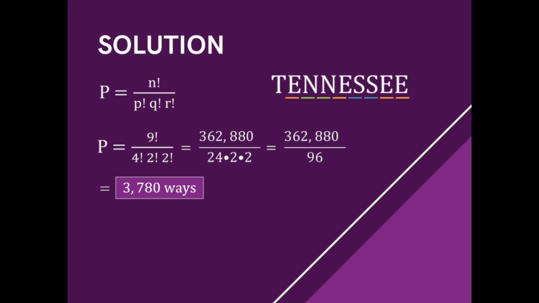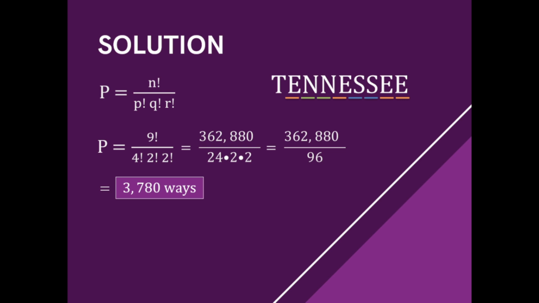P = n factorial over p factorial times q factorial times r factorial, and so on. By counting, we have 1, 2, 3, 4, 5, 6, 7, 8, 9. Therefore, we can say that there are 9 objects.